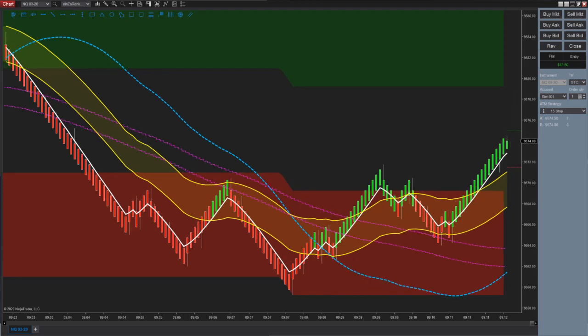You're now 13 ticks in profit. And it's 4 to 3 for us, 3 for Nasdaq.